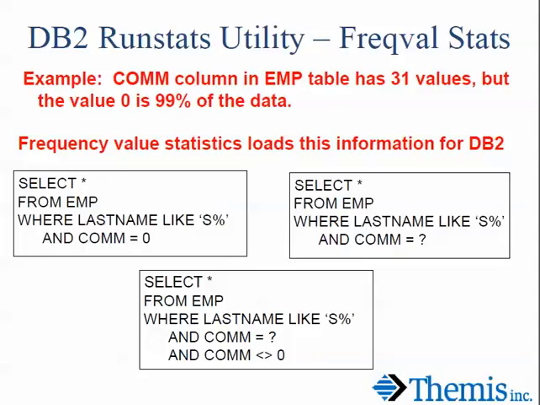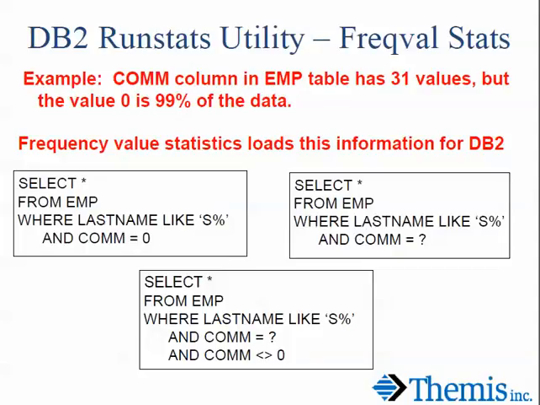Frequency value puts in the SYSCOLDIST table that for this column commission in the table employee, the value 0 is 99% of the data. Now DB2 knows that value is one of these outliers. That means any other value, the other 30 values or any other values that get added or updated, are all going to be less than 1% of the data.